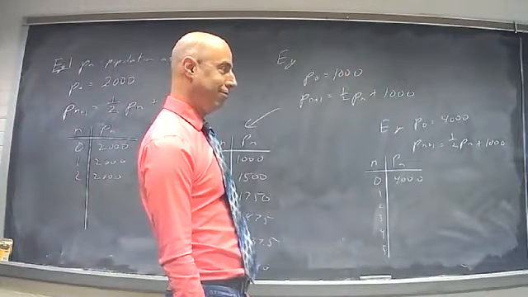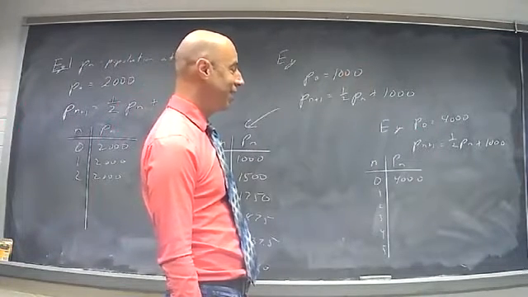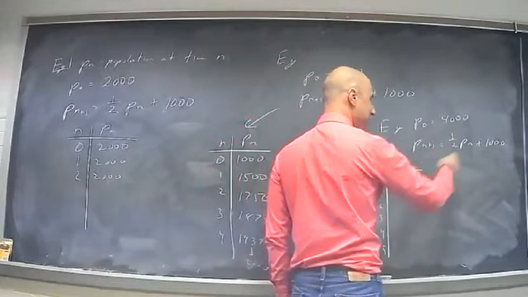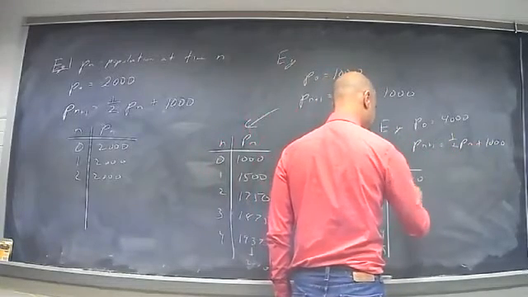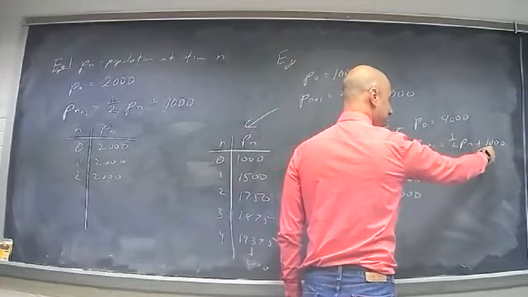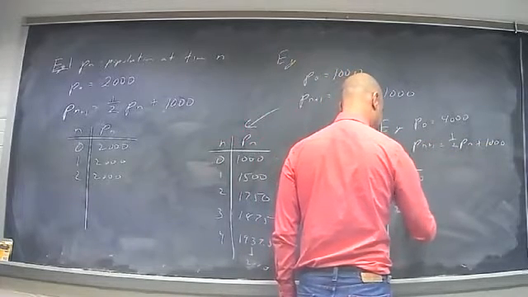Still approaching 2,000, but in the opposite direction. So 1/2 of 4,000 is 2,000 plus 1,000 is 3,000. 1/2 of 3,000 is 1,500 plus 1,000 is 2,500.